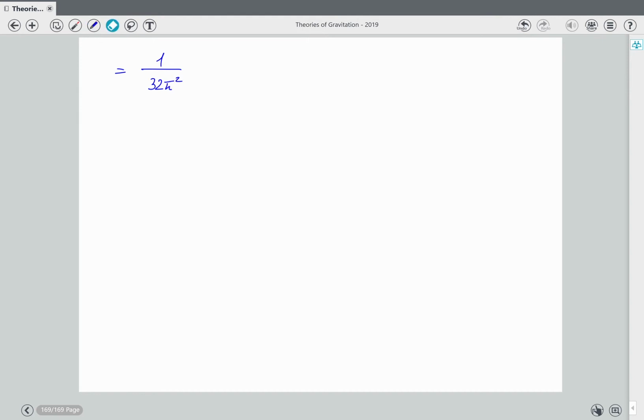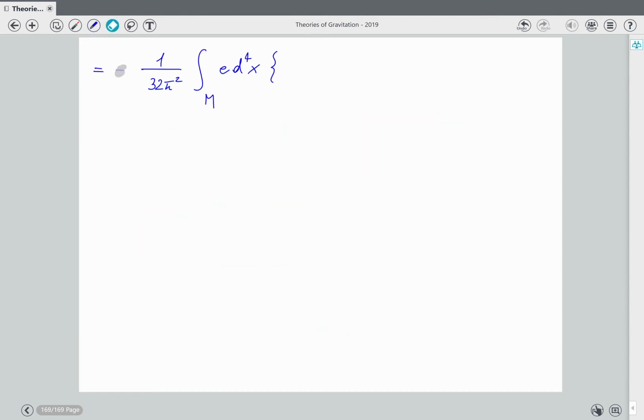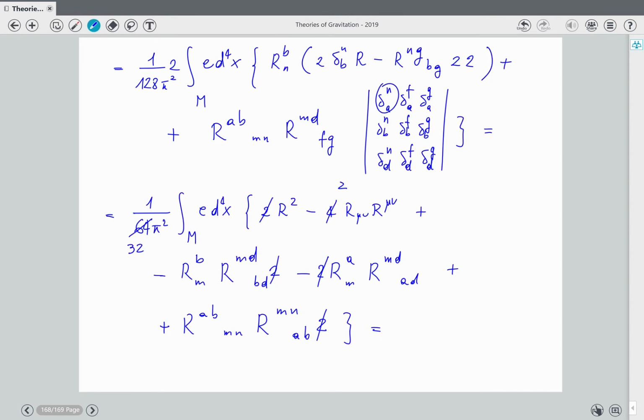Let me also collect a minus sign in front so we get precisely the same coefficient we had. And then we have r squared. Okay, the minus will be done later. Let's not go too quickly. So r squared from the first, minus 2 Ricci squared.